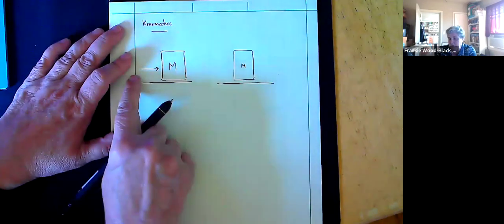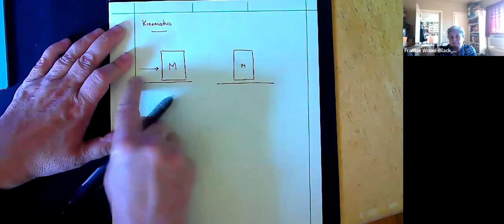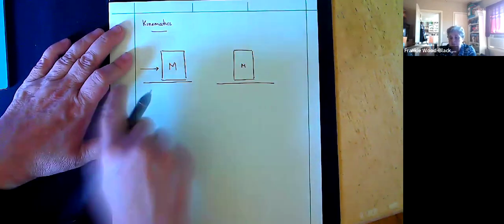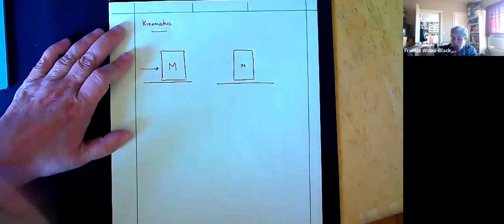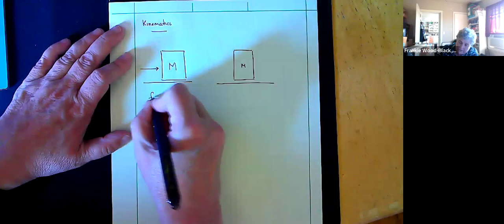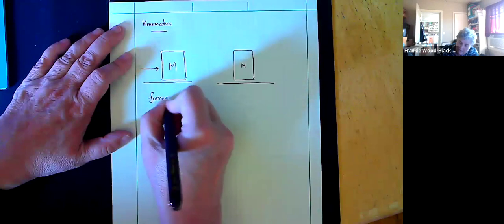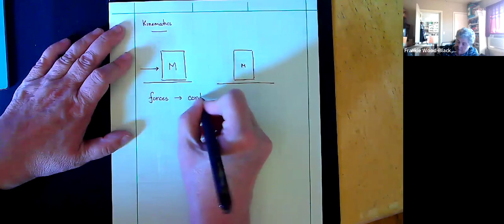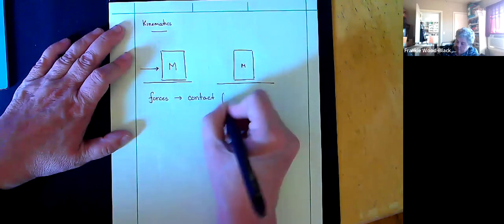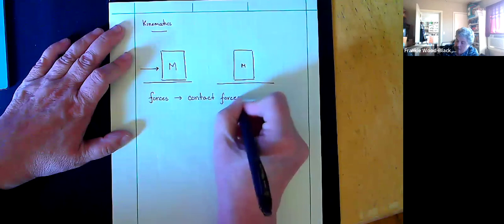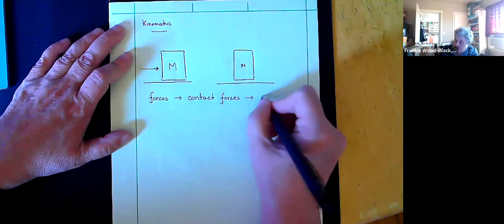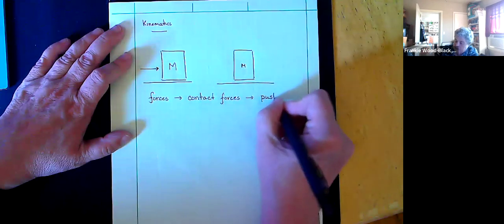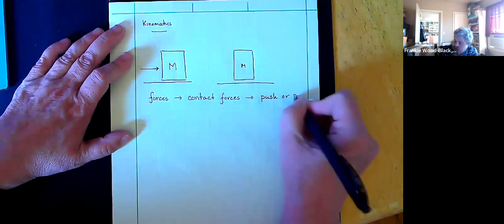I have to push it. I have to pull it. I have to do something. So we talk about forces, and usually we talk about contact forces. And we usually say that these are going to be a push or a pull.